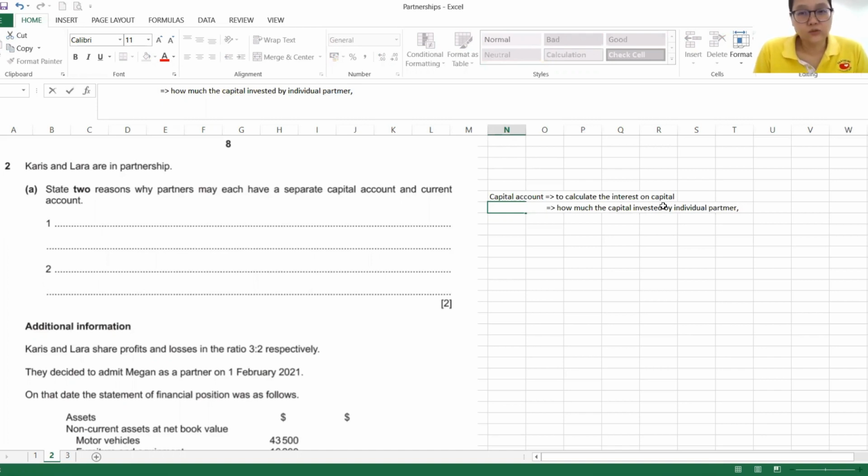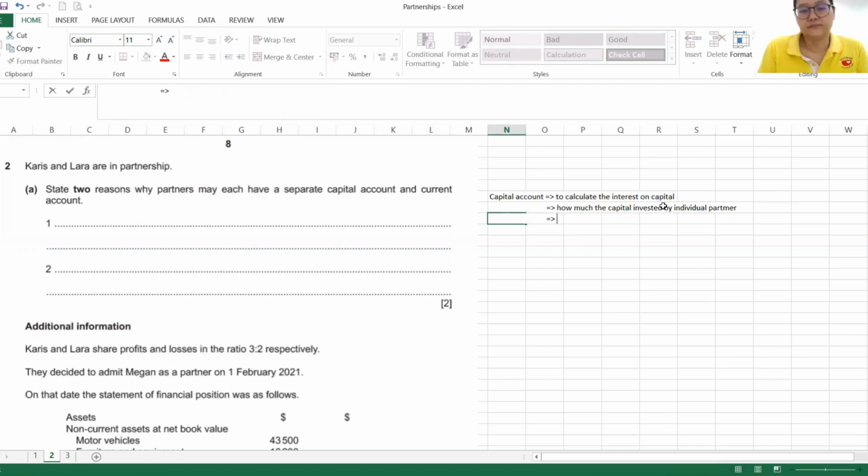So it's easier to refer to the actual money invested by the partner.